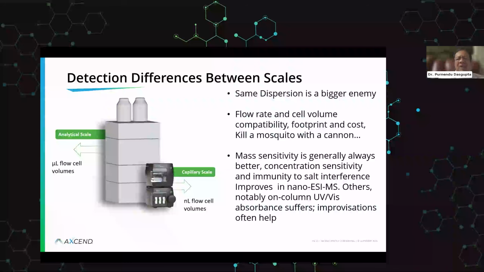Then the other thing is about scale, the mass sensitivity, how little you have. I'm talking all about picograms and so on. It always sounds very impressive, but often people aren't interested in mass detection limits. They're interested in concentration detection limits.